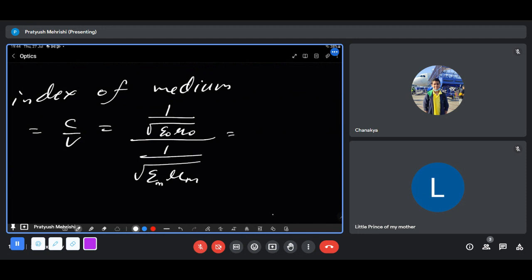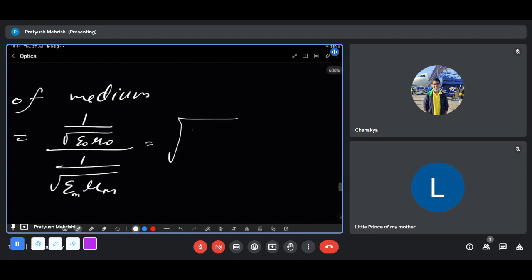So this becomes root of epsilon into mu divided by epsilon naught into mu naught, which becomes root of epsilon r into mu r.